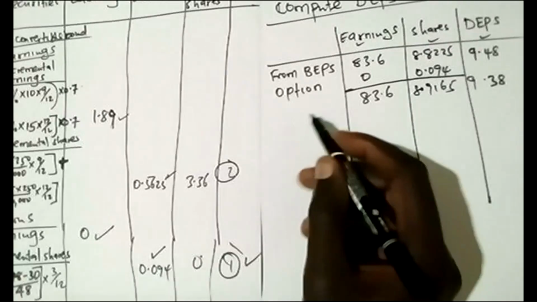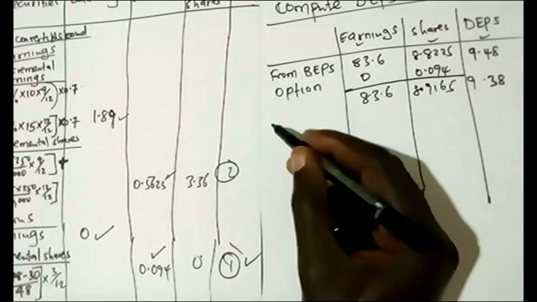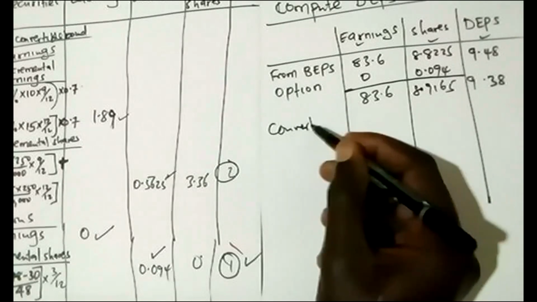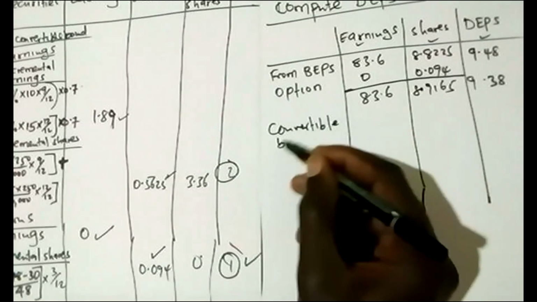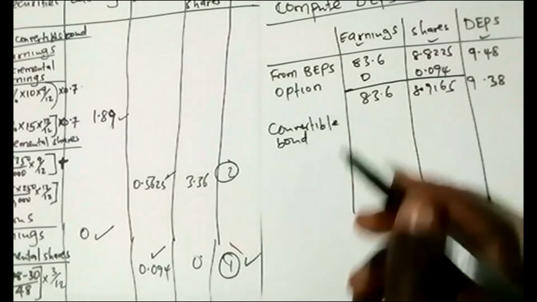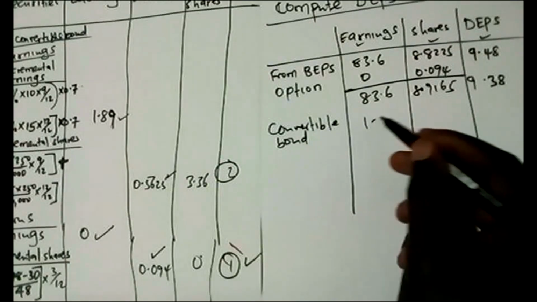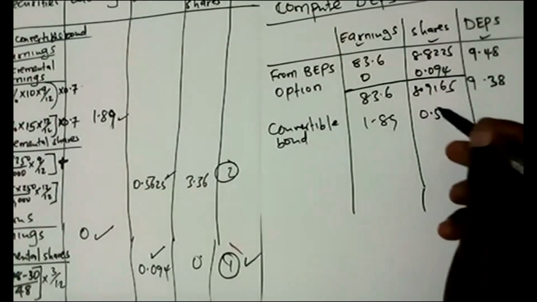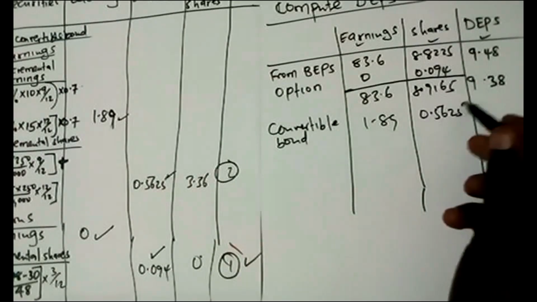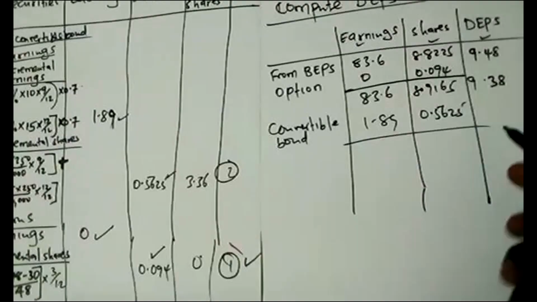Then the second one was concerning the convertible bond. So the earnings is 1.89, and the shares 0.5625.